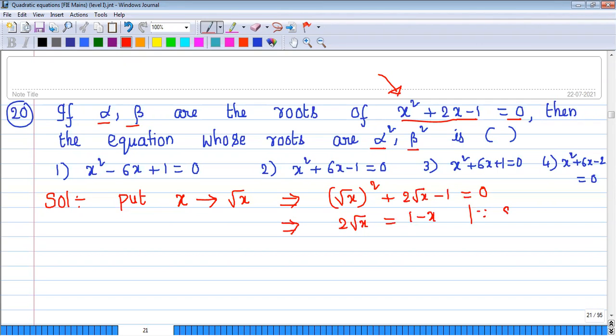Squaring on both sides, because we need a quadratic equation, this will be 4x. Sorry, this is 4x.